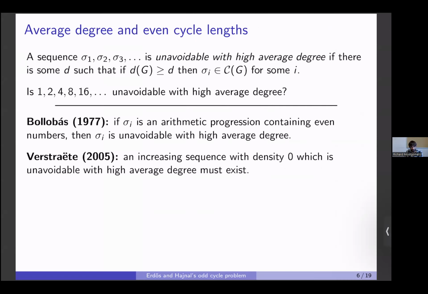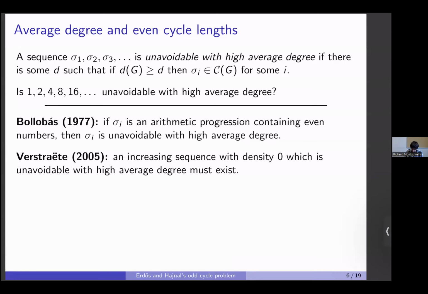So in 2005, Verstraete showed that there is some increasing sequence with density 0 which is unavoidable with high average degree. You can maybe guess from the wording that it's a non-constructive proof. It just shows that some such sequence must exist, and also therefore inherently lots of sequences. Okay. So that was in 2005.